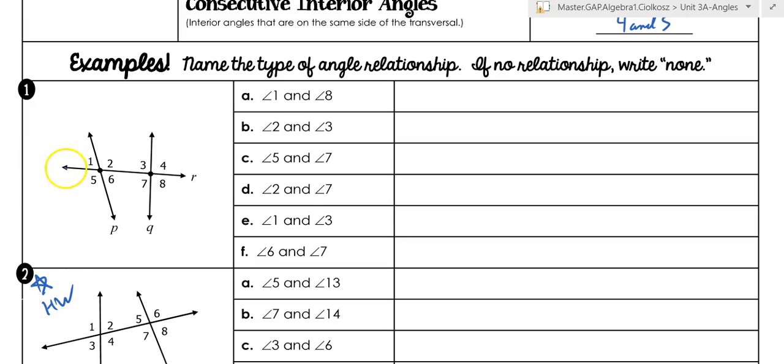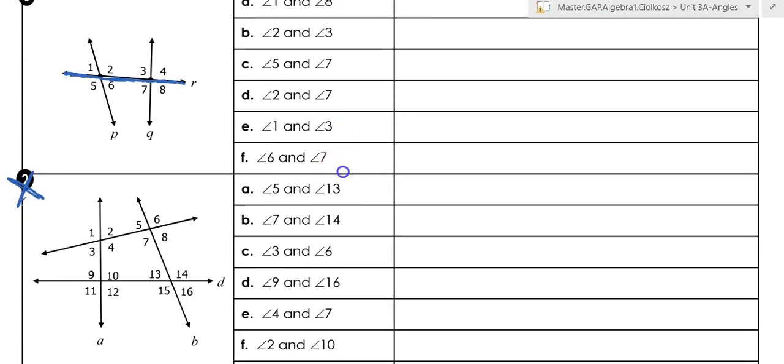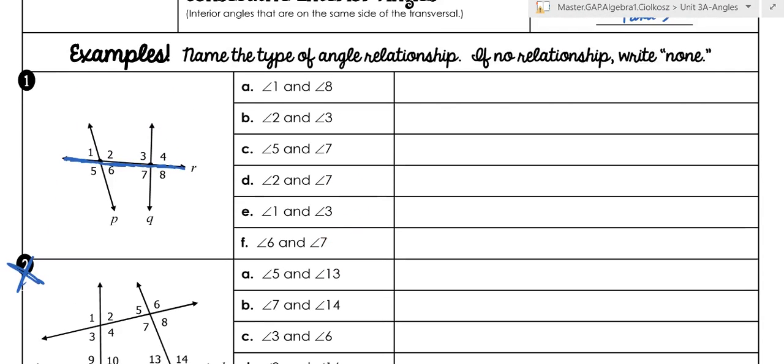Our transversal here is the line that's going through both. Actually, you know what? To keep it simple, this one's crazy complicated looking. Let's just not do 2. But what I do want you to do is complete number 1 on your own as homework. Use those pictures above in your notes to complete this problem. So your homework would be to finish 9.